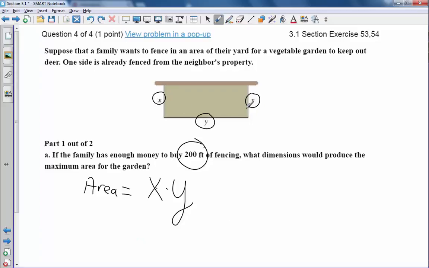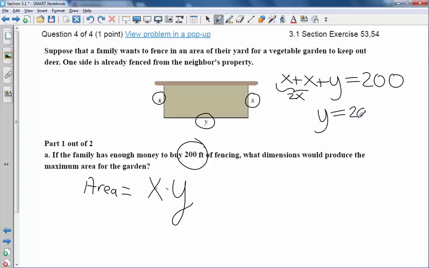Left side, right side, and the bottom side together, the total perimeter fencing I need must be exactly 200. So this tells me that these two are double x. Y is actually 200 minus 2x. And I can put this in here.